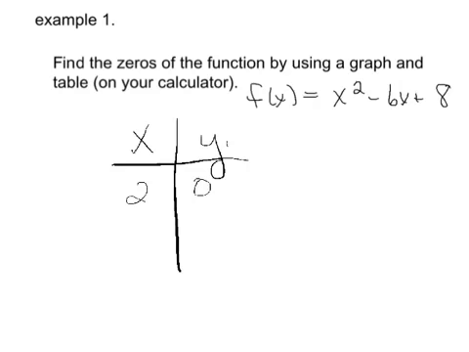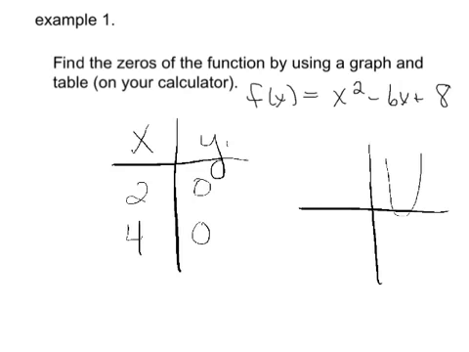And you can always look at your graph. If I push the graph button, you can see that your parabola is over here. So you know where to look for x equals 4, x equals 2, and where those x's are, y equals 0.